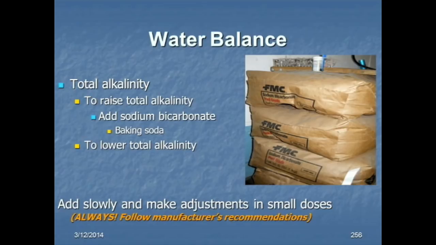Now, to bring down the total alkalinity, let's say you have a situation where you have a really, really high alkalinity number. There is no upper limit to the alkalinity in the state of Nebraska rules and regulations. I don't have a number at 150 or 180 or 200 that you cannot exceed by state code, because we as inspectors have actually been out and seen water clarity so good you could read the date of a penny on the bottom of the swimming pool in the deep end, and their alkalinity was around 300 or 400.